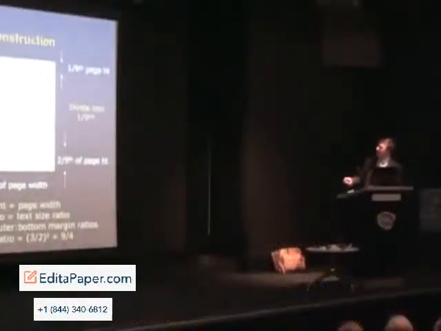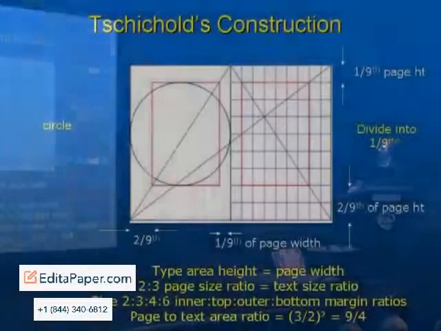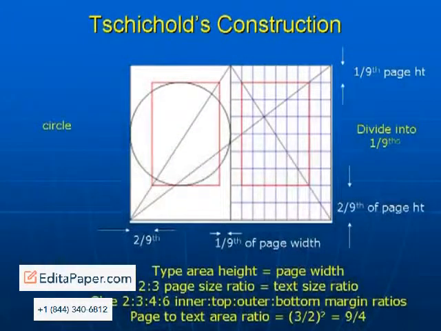So the scalings that you have, because this is 1/9 of the height, this is 1/9 of the width, this guarantees that you have 2/9 over here, 1/9 here, 2/9 at the bottom, 1/9 at the top. So it's a simple, rough and ready way on your double sheet of paper to make sure that you've got the grid size, the text area rightly laid out.